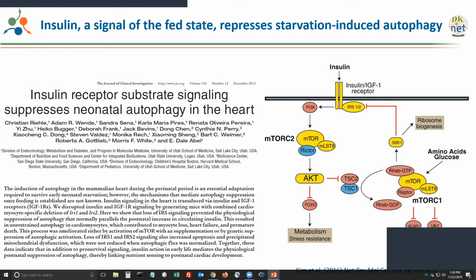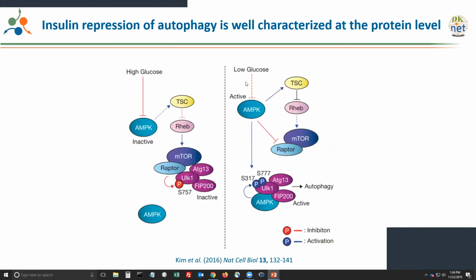And this process is actually well known to be regulated by insulin, which is, of course, the primary signal of the fed state. Now, insulin regulation of autophagy has been very well documented in the research literature at the protein level through regulation of AMPK.